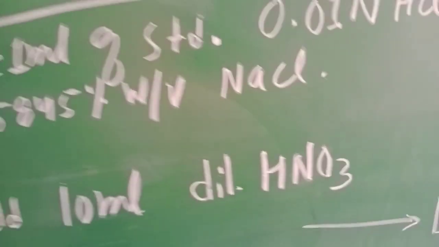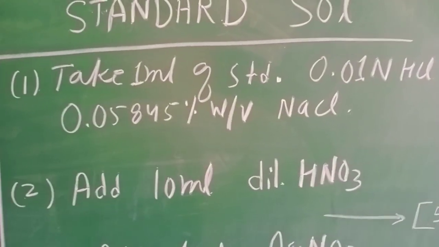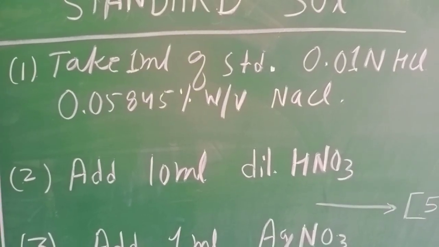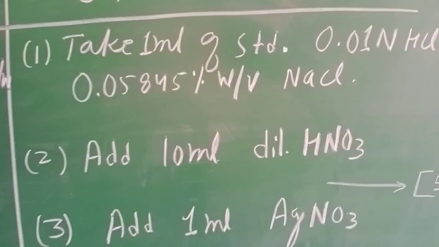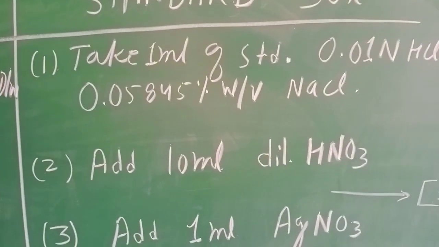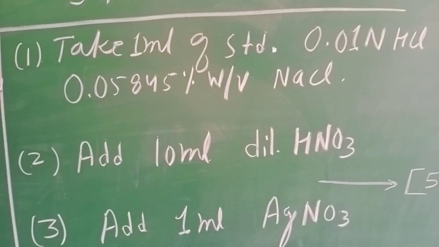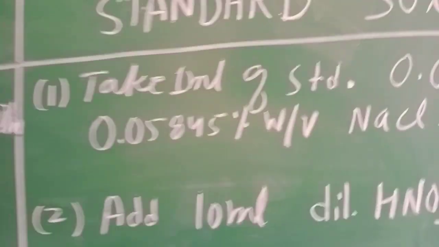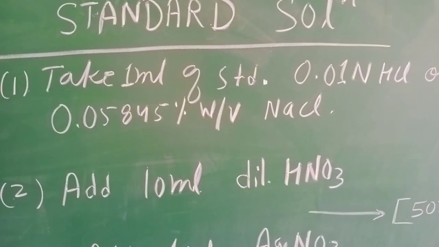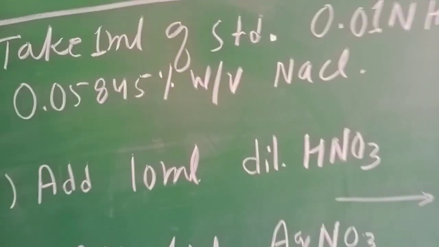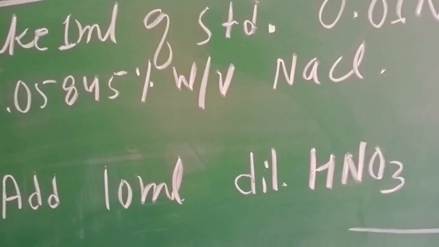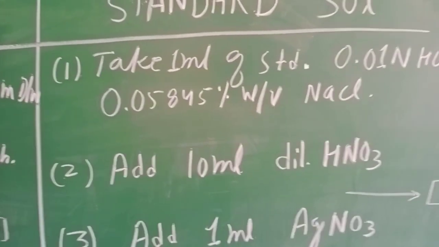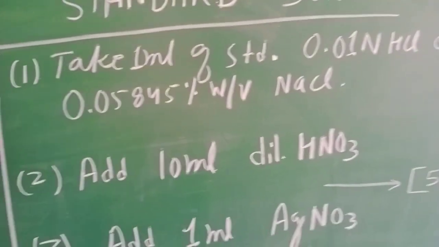We can also add 10 ml of dilute HNO3 directly. However, it is better to add 10 ml of distilled water right after step 1 rather than directly adding the dilute nitric acid. Anyhow, we can also skip that particular step.